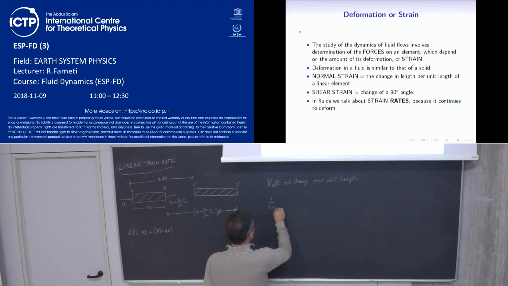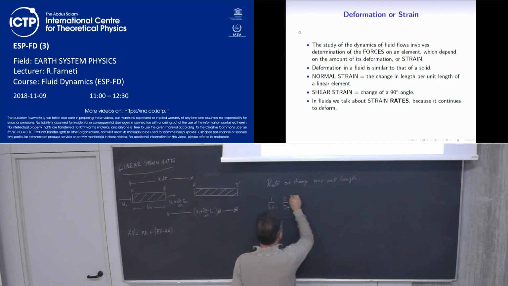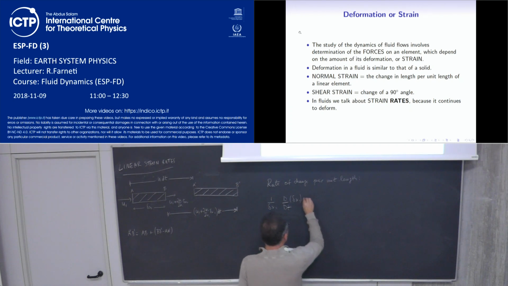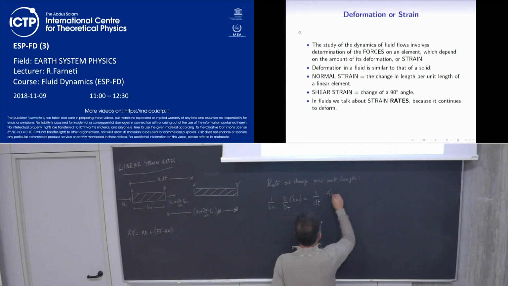It's going to be the material derivative. So the rate of change of delta x1 per unit length is equal to the rate of change of A prime B prime minus AB over AB.